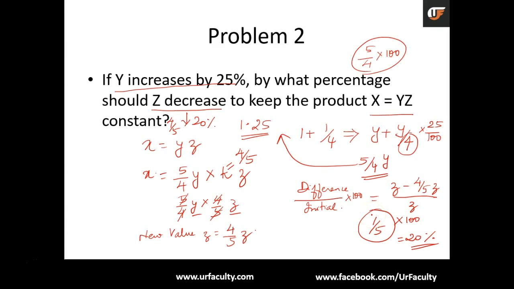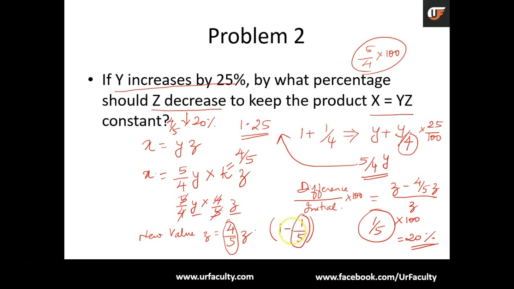You can also quickly find it out if you know how to appreciate this particular number. How do you do it? In our earlier problem also we tried this. 4 by 5 can be written as 1 minus 1 by 5. And 1 by 5 is basically the value that is bringing it down, from our earlier understanding of how to calculate the change if a particular value comes down by 20%.